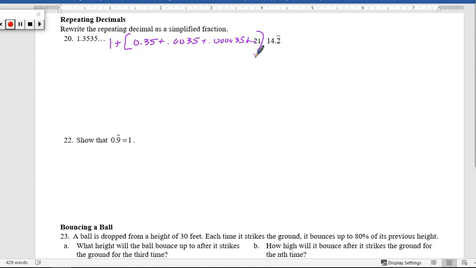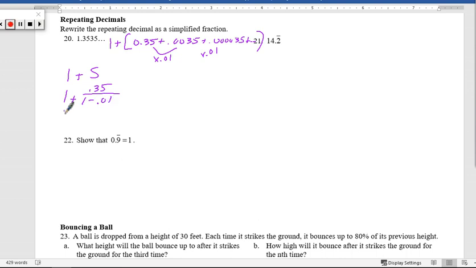Okay, so what we're looking for here is a geometric series where we're multiplying by 0.01 each time. So our sum here is going to be 1 plus the sum. So that's going to get us 1 plus the first term here, which is 0.35, all over 1 minus 0.01.